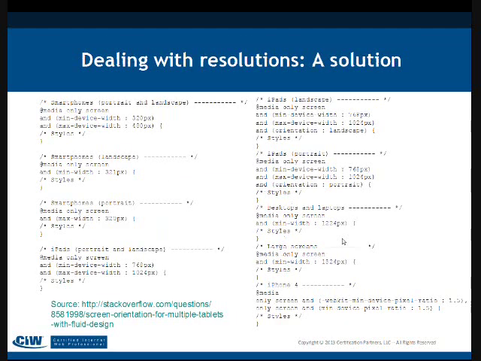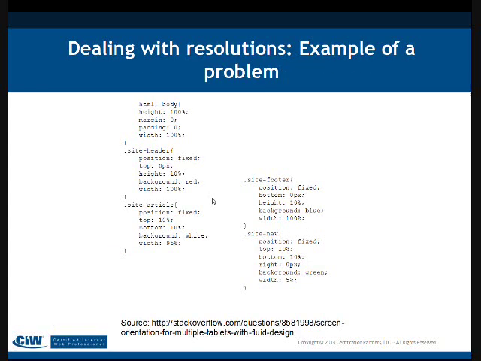The answer that was given was you can do it in terms of pixels, and you can use the minimum and maximum width for each of these different pieces of code. The idea being now you can design one page for multiple devices. Notice, instead of an absolute way of looking at it, now you have one solution.